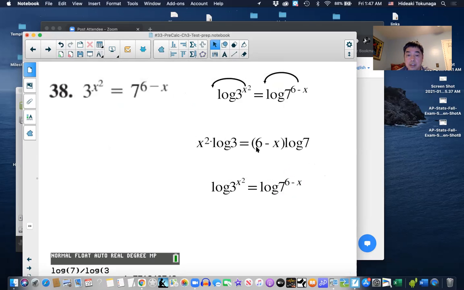Now, both of them are in log, okay? So what can we do? There are many ways you can do it. You can divide by log base 10 of 3 on both sides and solve the equation that way.